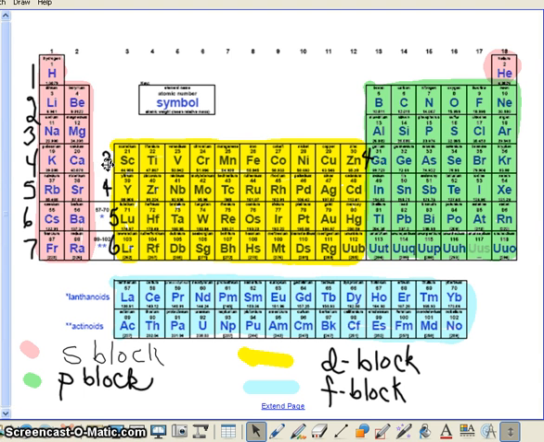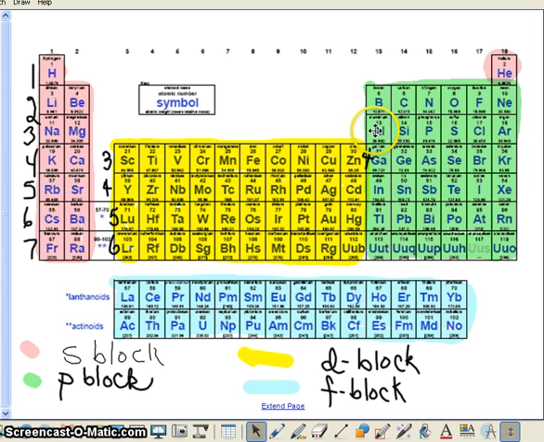Notice that the number that precedes the D block is 1 less than the row that it is in. So when you're writing electron configurations and you're going through this block here, this is not the 4D, but the 3D. But then the numbers pick back up again, same as the row that they're in. This is the 4P.